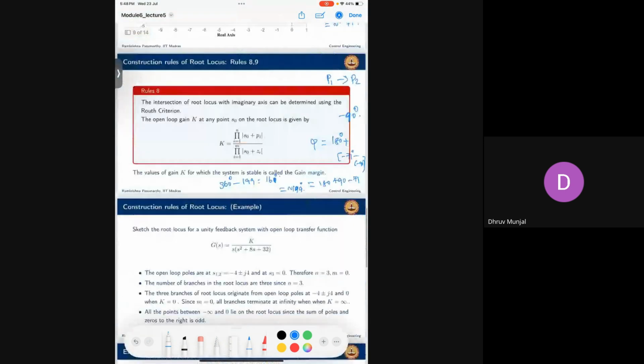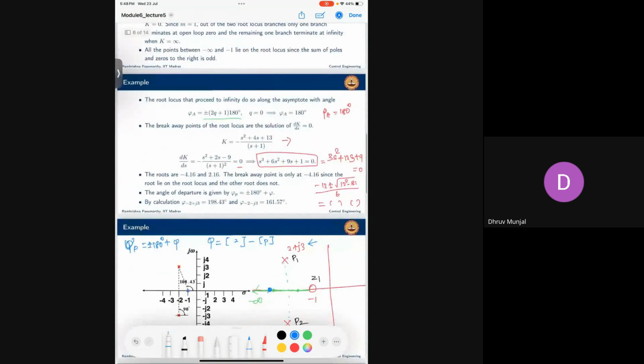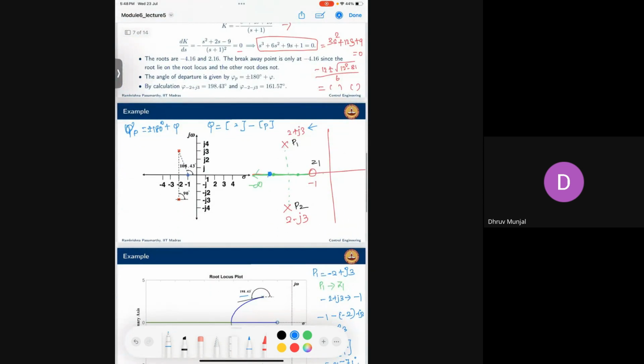Any doubt in this? At first it will be a little difficult to calculate all these things. If there are too many poles and zeros, there is again a scope to make mistakes here. So by practice, we can master this. Any doubt? Can we proceed to the next steps? I'll give you a minute.